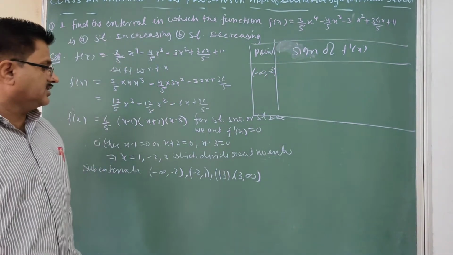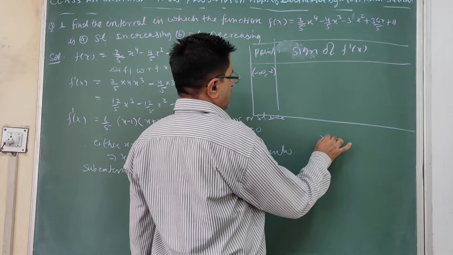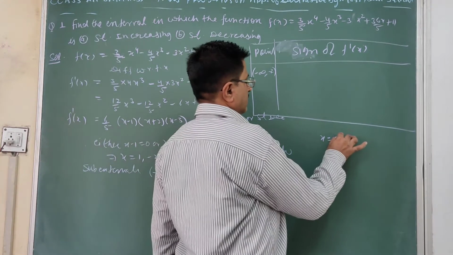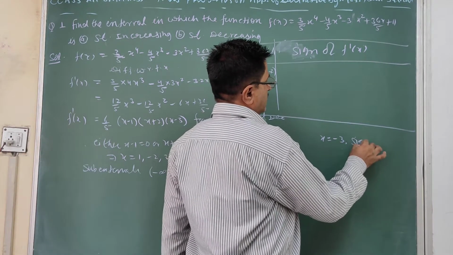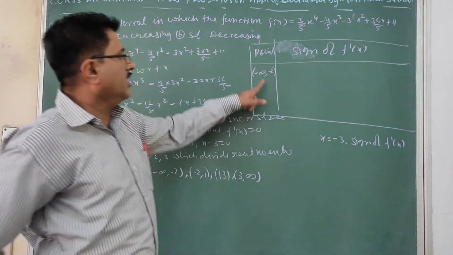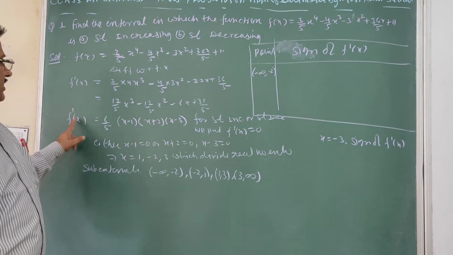You can consider any value between these two, like x equal to minus 3. So here we can put x equal to minus 3 in this and see the sign.